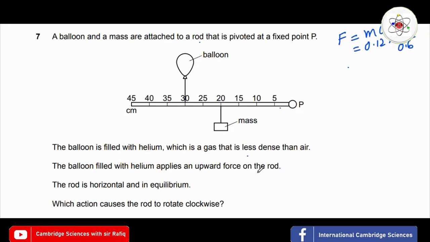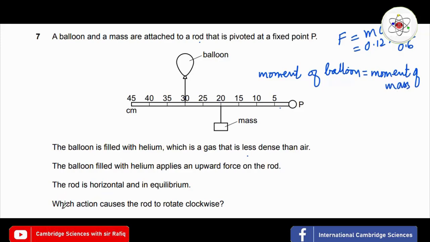The rod is horizontal and in equilibrium. So it means the turning effect, or moment, of the balloon is equal to the moment of the mass. So we can say that the moment of the balloon is equal to the moment of the mass.